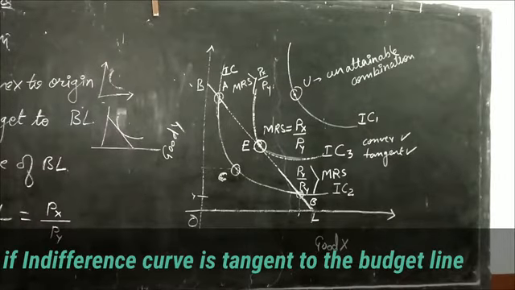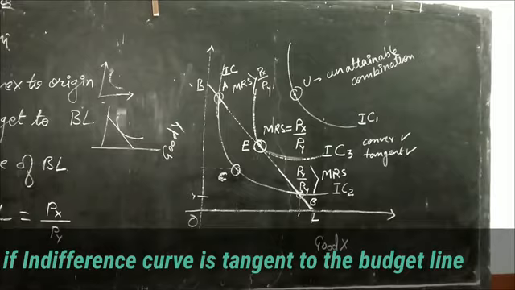Again and again I have told you, and once again I'm telling you, it is because the consumer's income is limited and he can't purchase these combinations. Next, IC2: comparison of the conditions in accordance with IC2 and the budget line, on all the combinations lying on IC2, A, C and B. At point A, the slope of the indifference curve is higher.